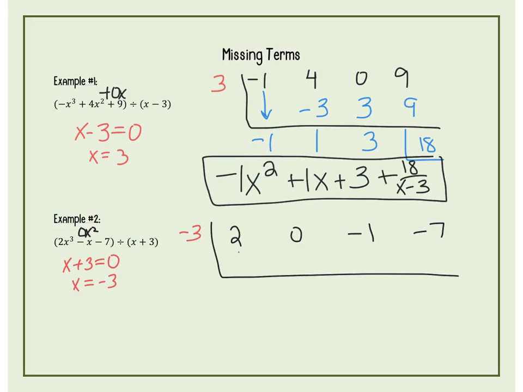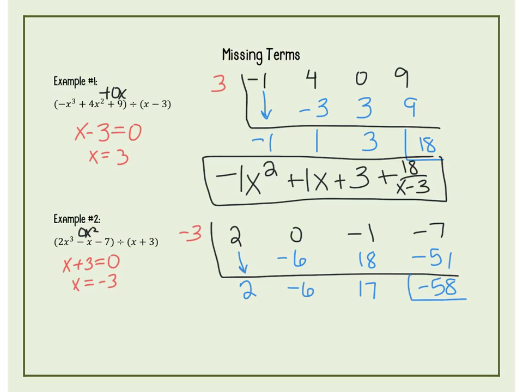So step number 1 is to always bring down your first term. Multiply with your number on the outside. Add those together. Multiply with your number on the outside. Add those together. Multiply with your number on the outside. Okay. The last number, so add those together.